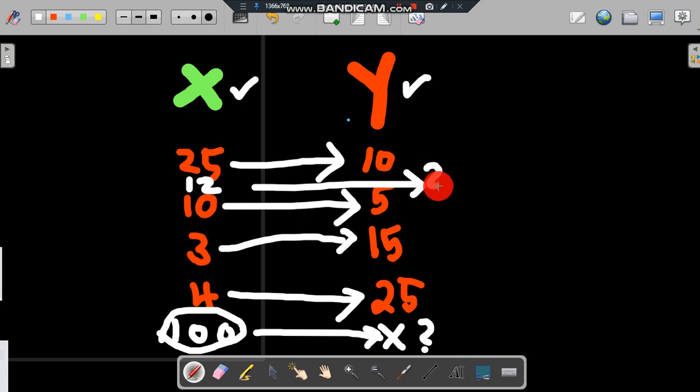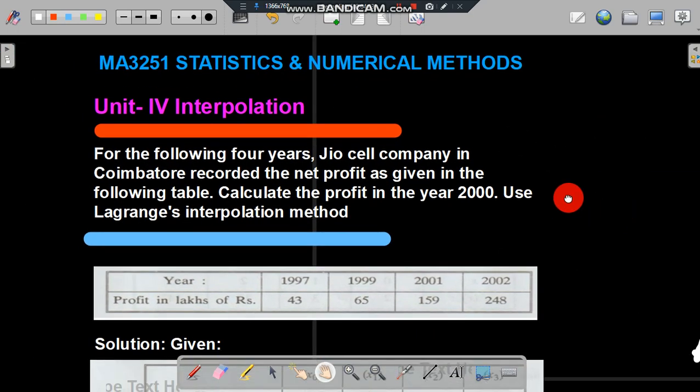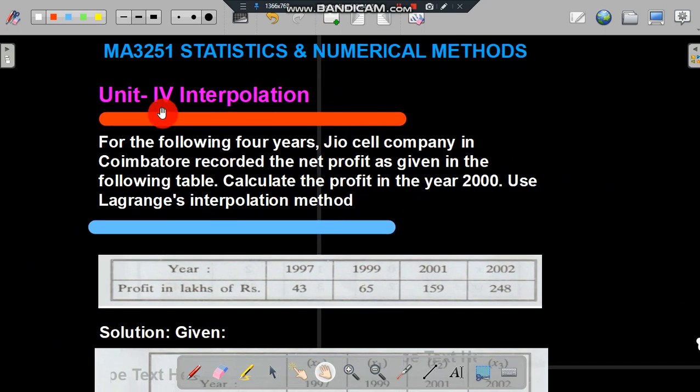This type of problem we call interpolation problems. Okay, now look at that. This is what we say an interpolation problem.